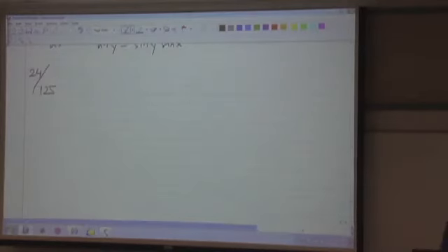What is 24 telling us over here? Find the second root and the square root of that. That's simple.